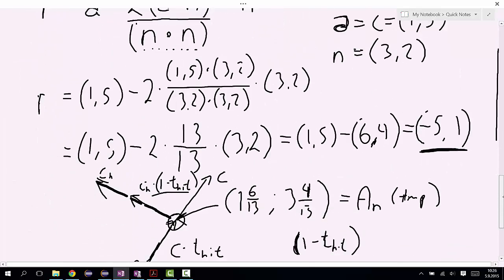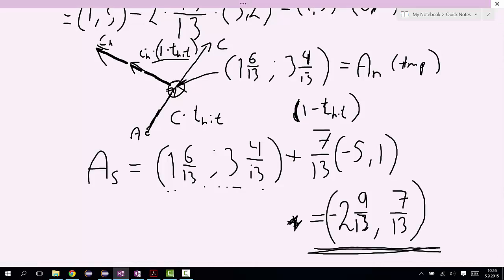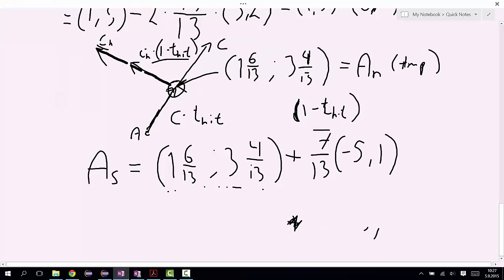So it said it was, no, this is not correct, sorry, we forgot to actually add the point itself. I'm gonna erase this.